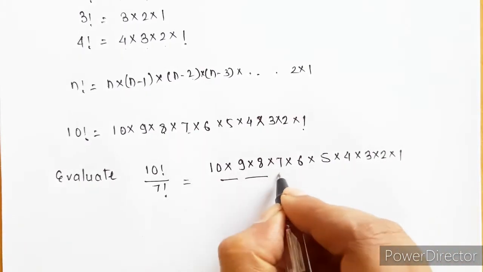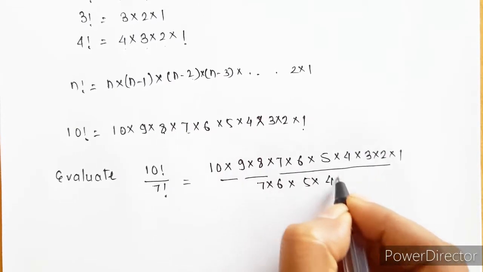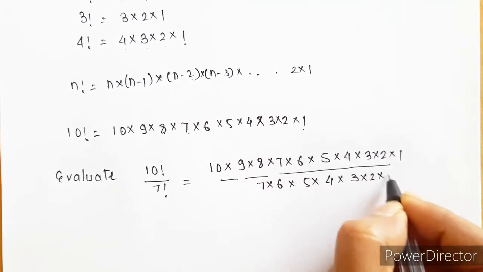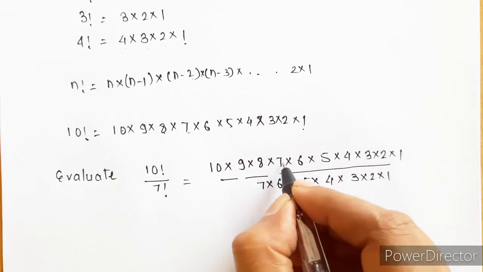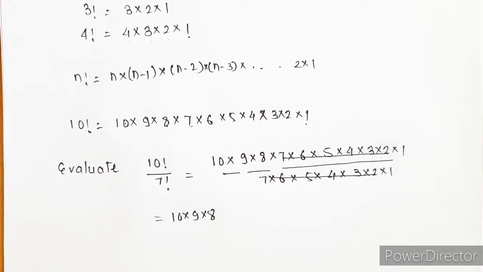Now what is 7 factorial? 7, 6, 5, 4, 3, 2 and 1. So basically we can cancel all these terms. So this is nothing but 10 into 9 into 8. We just have to multiply these 3 numbers.